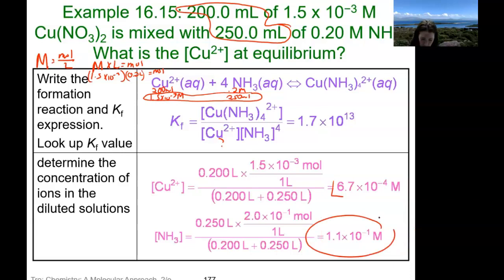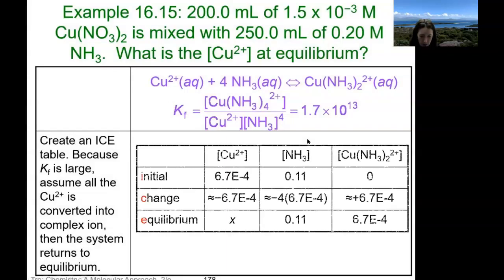And so let's look at this. So we have 0.11, and that's going to stay in exponential form. Now, we started with this much. So everybody's good where we got these molarities, right? Those were the molarities we just calculated. So now our Cu is going to go down by this much.